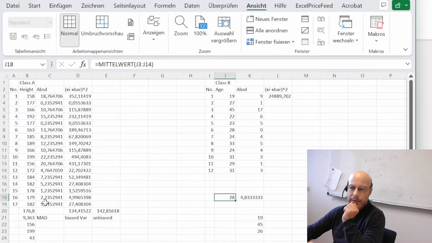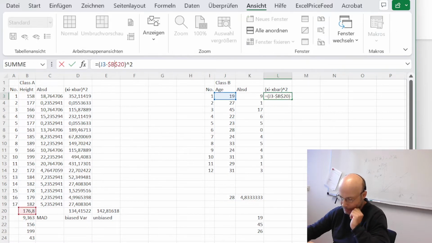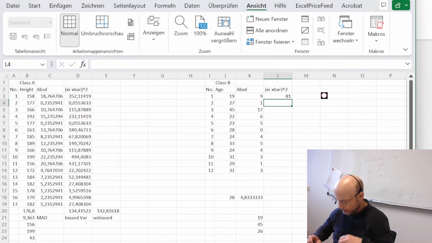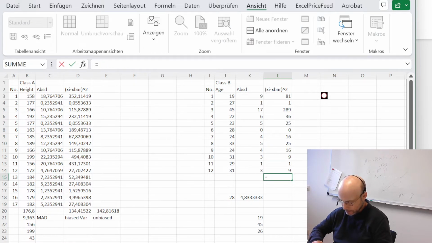And this is 18, J18, so just change this number here, say 18, going down here, and taking the mean.